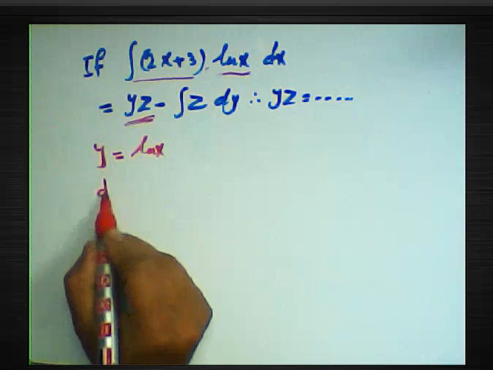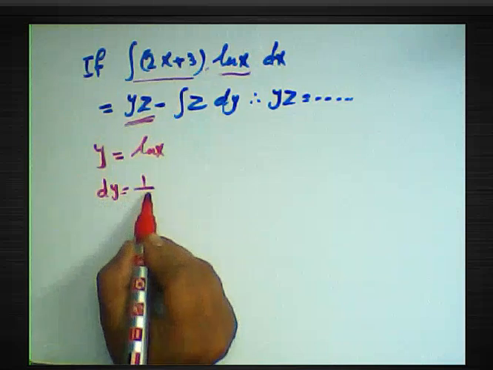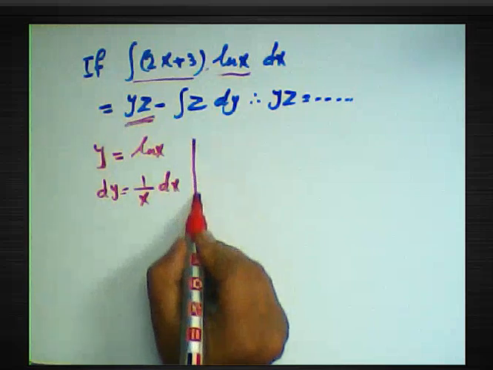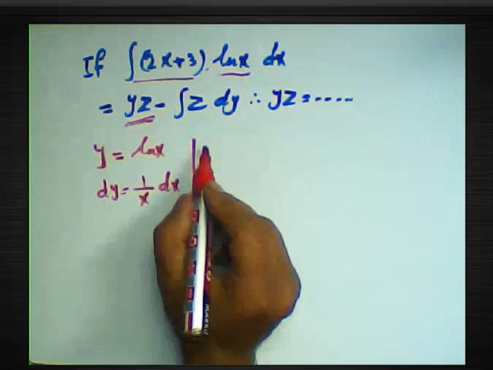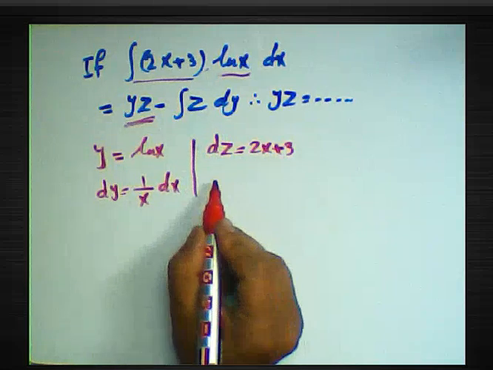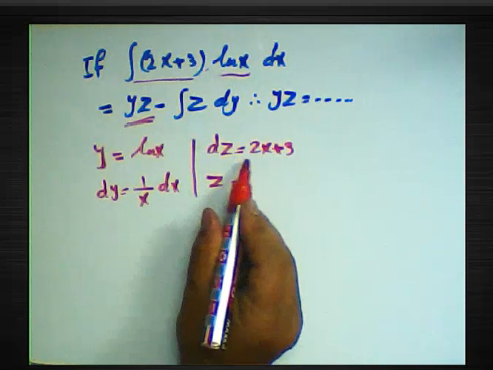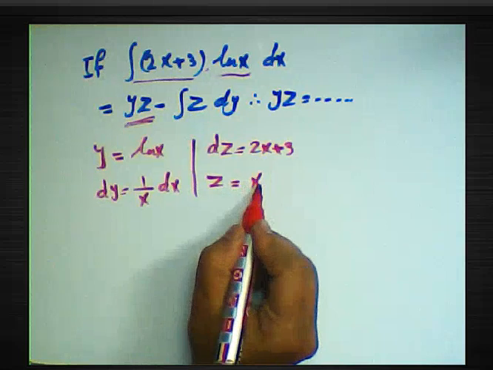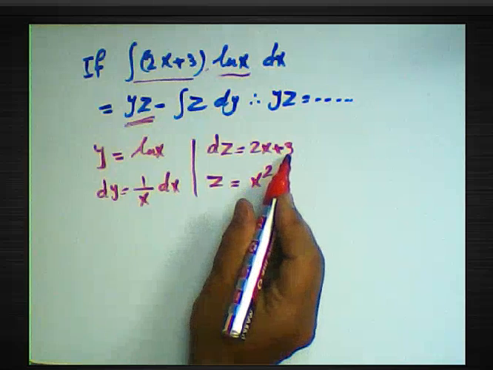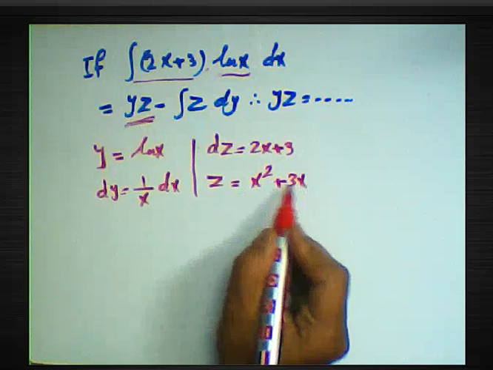The derivative of ln of x will be 1 over x dx. And then we can choose the second function here, dz equals 2x plus 3. Then z, the integration of 2x, will be x power 2 divided by 2 times 2, so x power 2, and 3 here will be 3x.